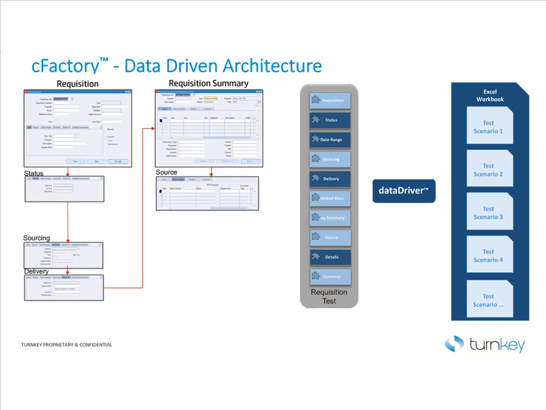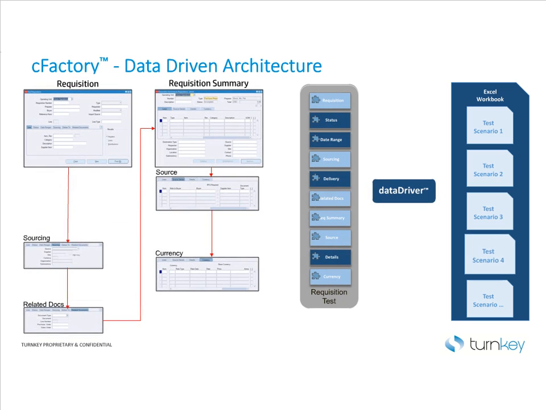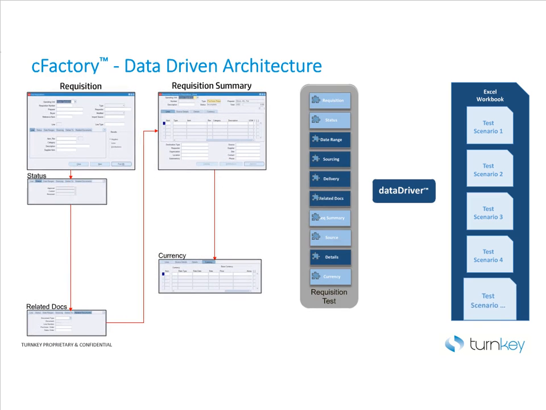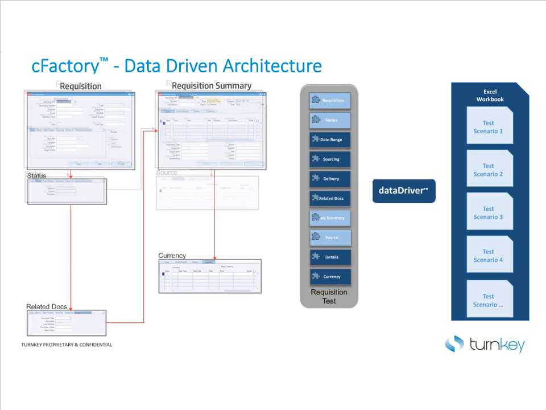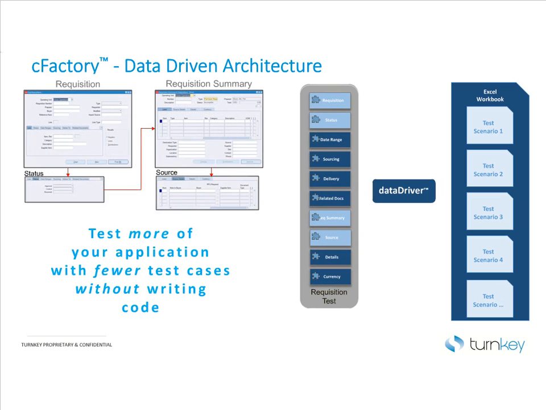So not just maybe the most common way that an application is traversed, but rather all of the different ways that an application might be used, so that you don't find a case where your primary business process works, but less likely to be used cases fail because they weren't tested. So this data-driven architecture and the intelligent use of data to drive the test process enables you to test much more of your application, wider and deeper, with many fewer test cases, and of course doing this without writing any code.